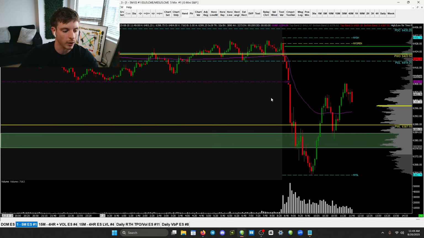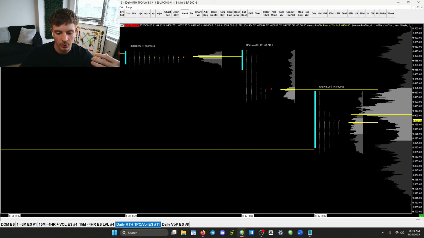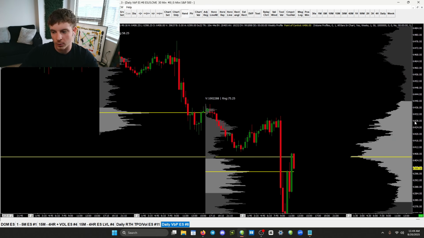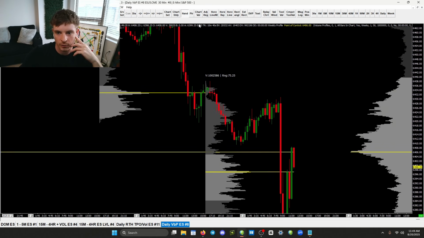So this is kind of how I use them. What I personally do is I'll go to the daily profile, for example, and what I was looking for today was we had this overnight area of low volume.